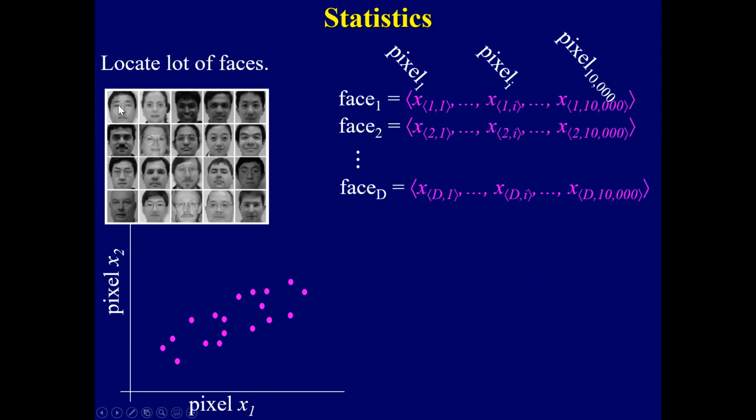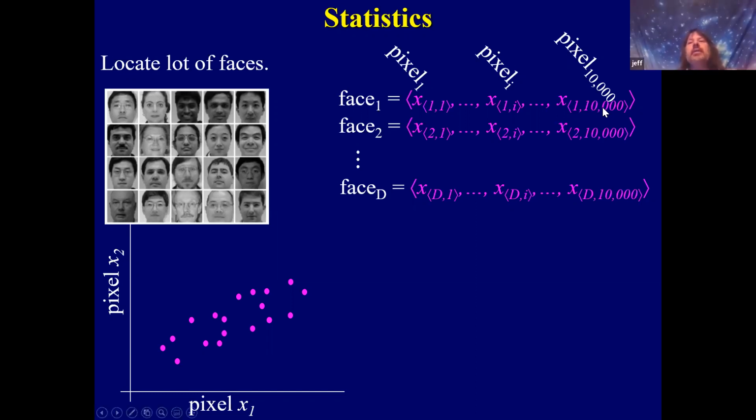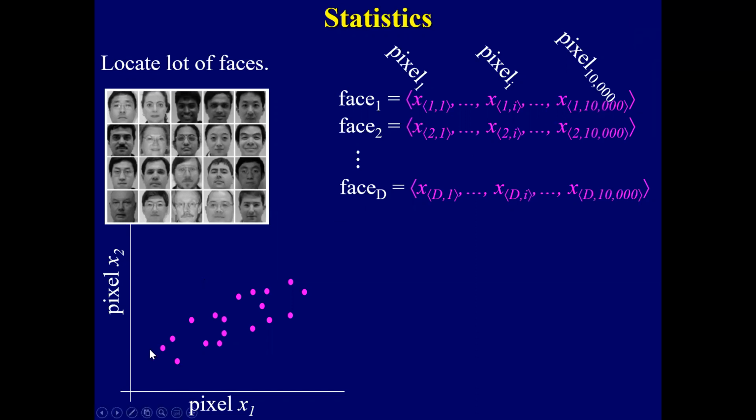So we just put all the rasters one after the other, so what would have been a rastered image is now just one long string of rasters. Right, exactly. So then there's an X11, and then there's an X21 for face 2, X31 for face 3. And that pixel then has all these values that you are localized in this graph.